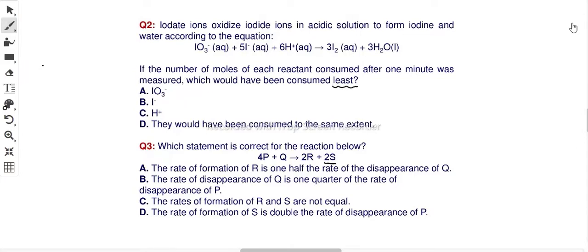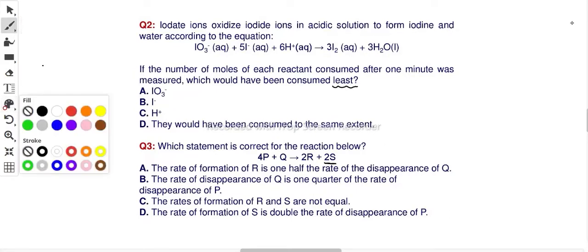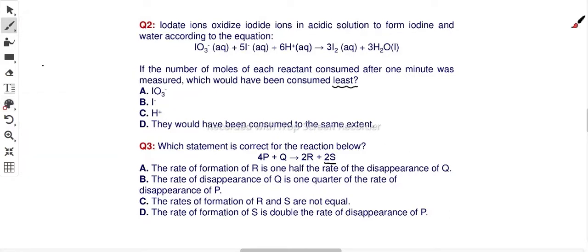If the question is asking me for the least, I need to refer to the coefficients. So going back to the question, I will compare. I have the iodate, I have the iodide ion, and I have the hydrogen ion. Looking at the coefficients, the smaller coefficient is in the case of iodate ion, since I have 1 mole, so it will be the least consumed.